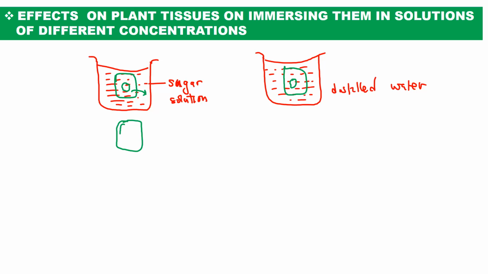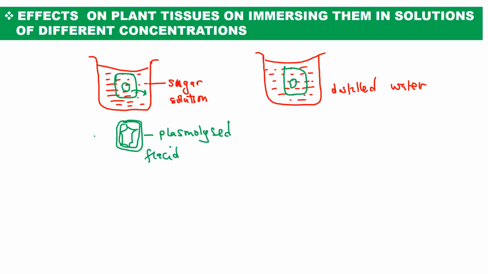In other words, if you have a plant cell like this, the cell membrane and the cytoplasm would detach from the wall. It will detach, and of course inside it shrinks. So it will appear like this, which means this one has become plasmolyzed.